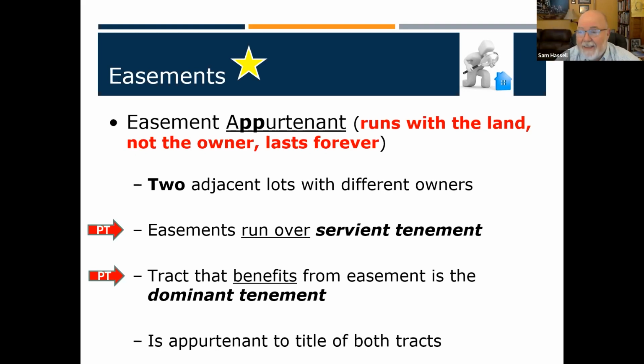Otherwise, he can't get there. He doesn't have a helicopter. He's got to get there, and we are not allowed to landlock anybody. Just because I bought this property doesn't mean I can shut him out of his house. So I am going to have to be the servient tenement. Now, what's he going to be? A dominant tenement.